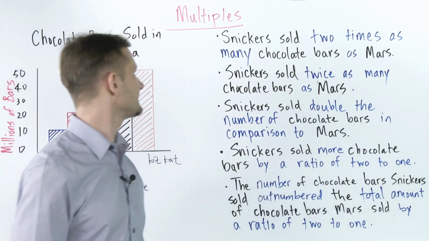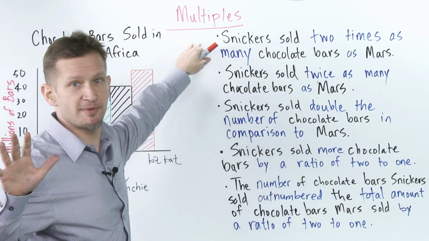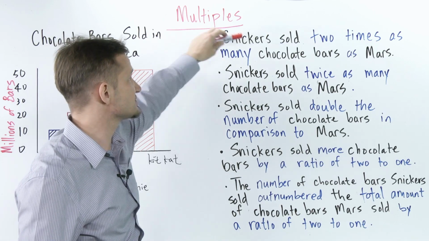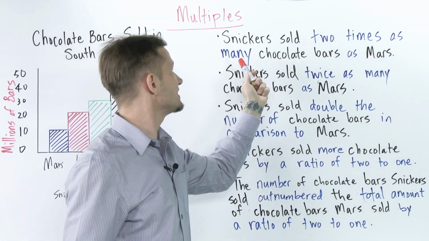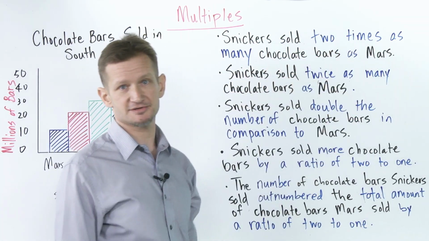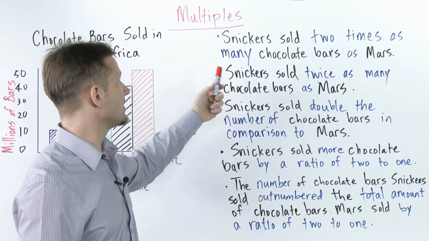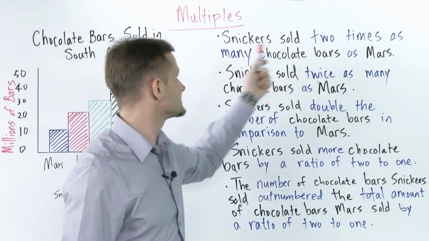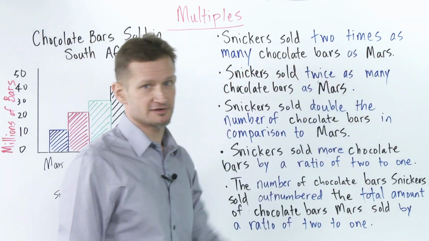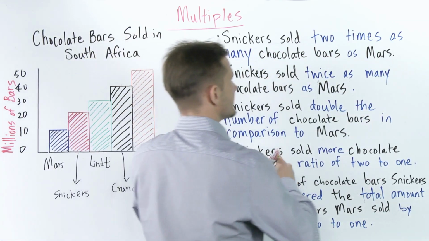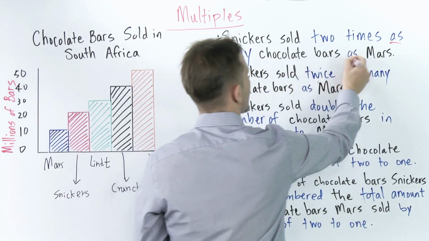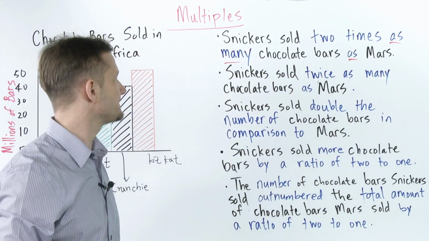So first off, and this is probably the most basic one, Snickers sold 2 times as many chocolate bars as Mars, right? Really basic, really simple. Snickers sold 2 times as many as Mars. That's important, right? This as many as is very important for that.